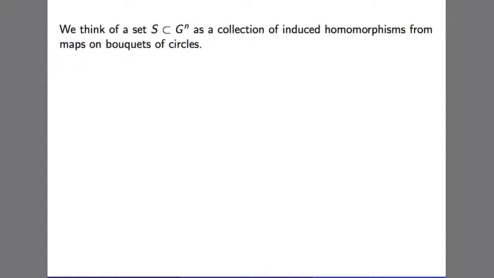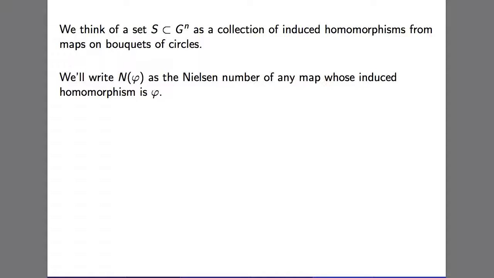All right, usually with these sets of homomorphisms, we only care about homomorphisms because they represent induced homomorphisms of continuous maps on the bouquets of circles. So I'm going to sometimes write this Nielsen number of a homomorphism. This just means the Nielsen number of some continuous map whose induced homomorphism is phi.